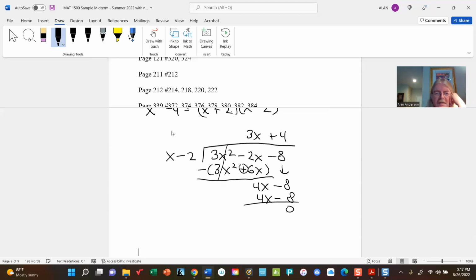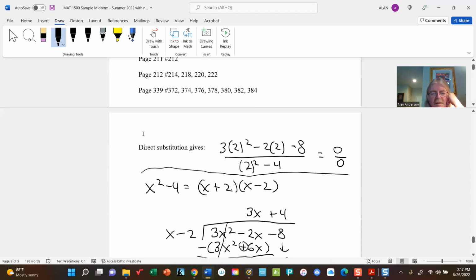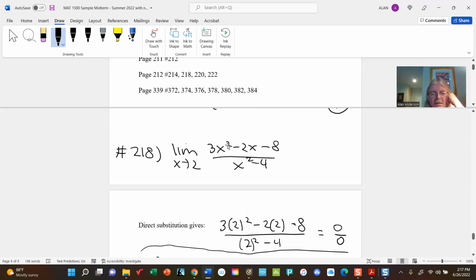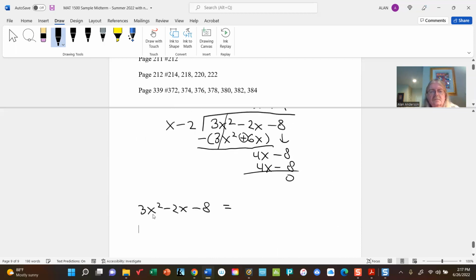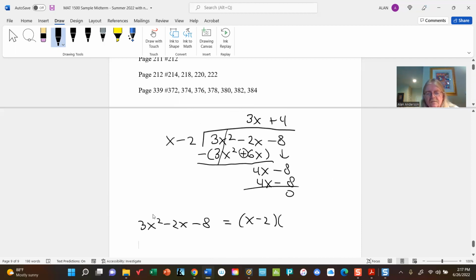So what this means is that the numerator can be written as x minus 2 times 3x plus 4.